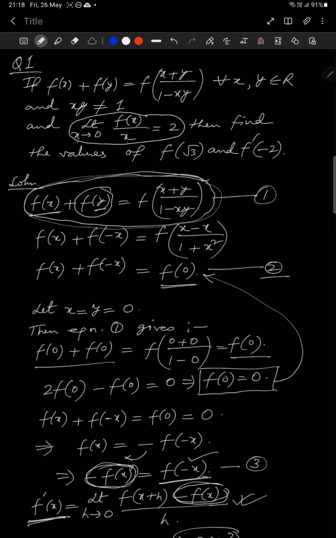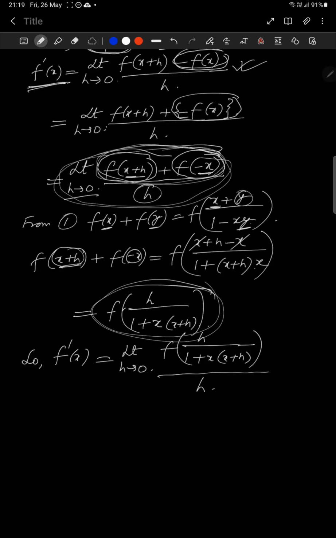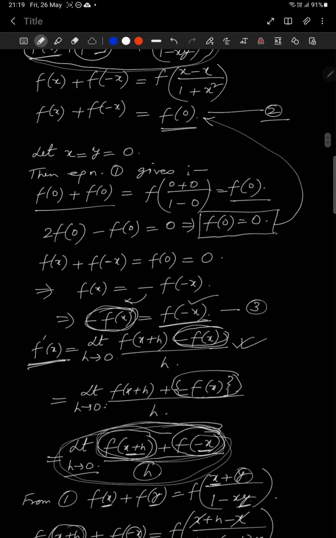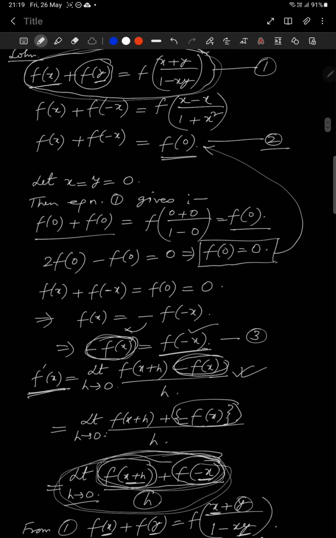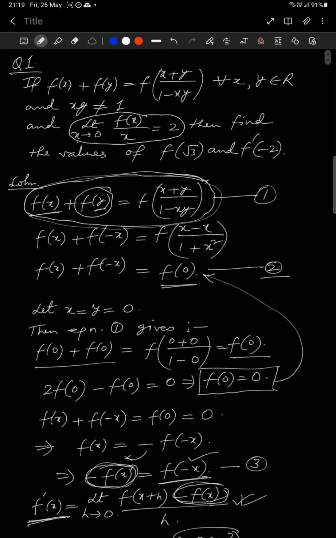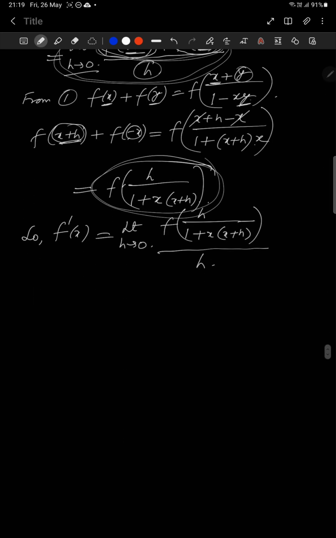Using that, using this we can write, using what we had, actually it is this. So let me just write this result below this one.